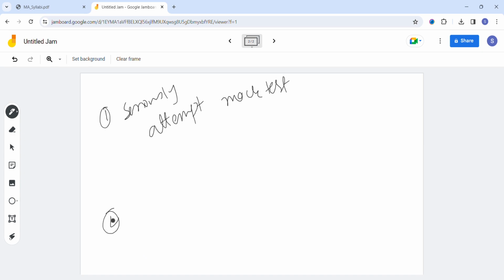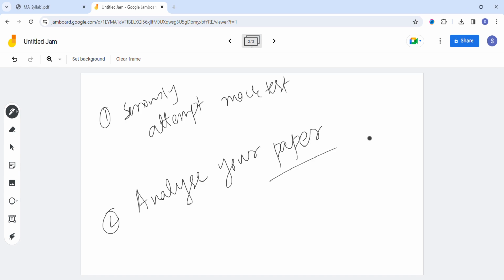Now the second thing is analyze your paper. After attempting the mock test, when you get your score, analyze the whole paper: what kind of problems you can't solve, what type of problems you solved but made some silly mistakes, and what type of problems you solved correctly.